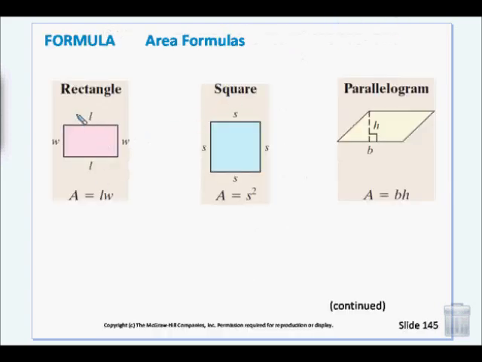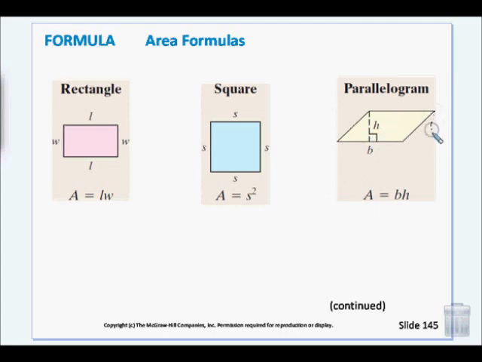So if I have a rectangle, it's length times width. If I have a square, it's side squared, which is the same thing as length times width. It's just that the length and the width happen to be the same size. If you have a parallelogram, it's base times height. Now sometimes they draw the height inside here for you.